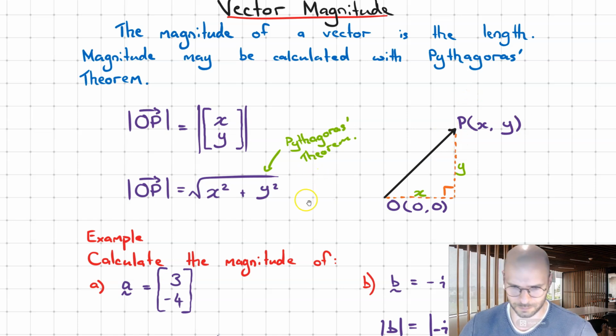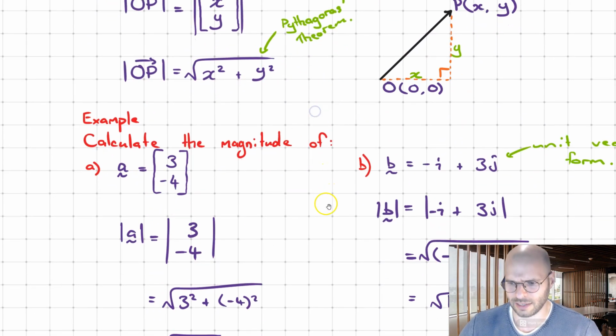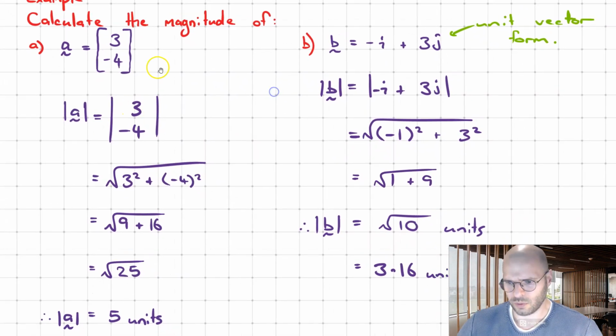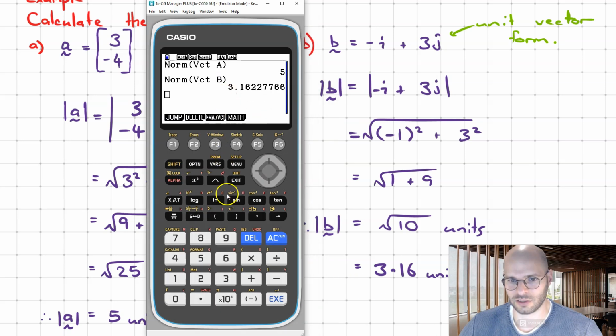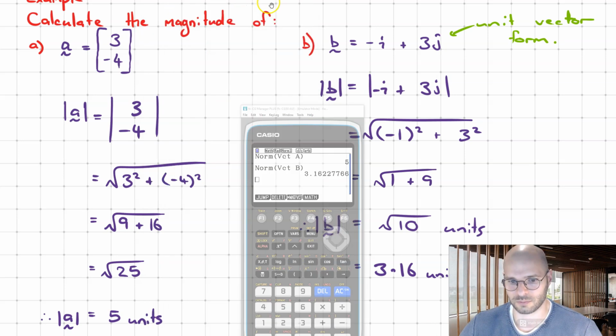It just works. From there, we had a look at some manual calculations. We had a look at how we can calculate the magnitude of a column vector, also known as component form. And then we had a look at how we can do it with a unit vector. After which, we then looked at how we can utilize technology to automate this for us.